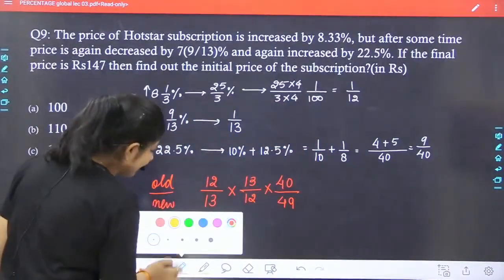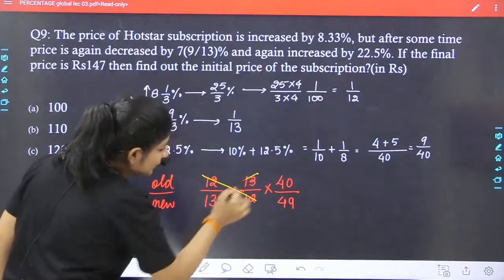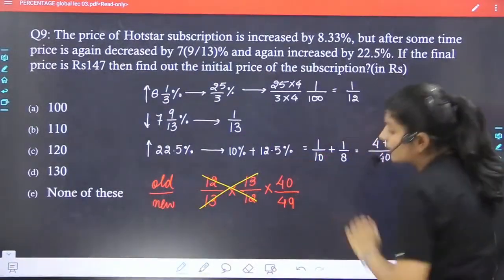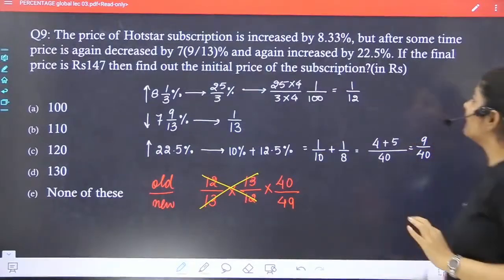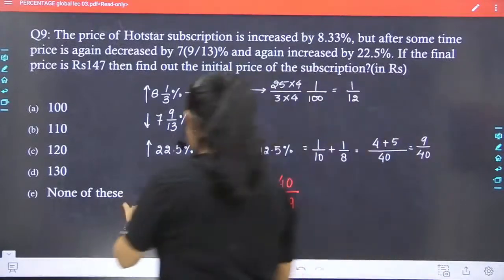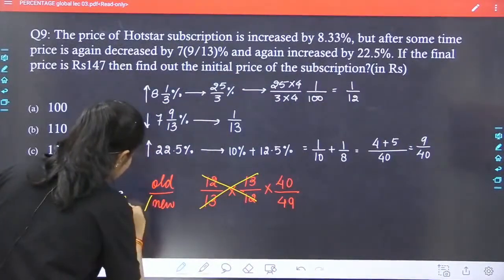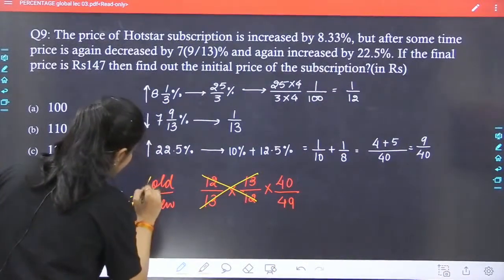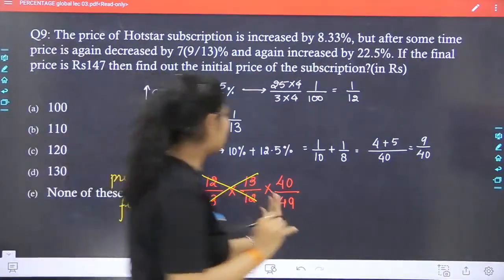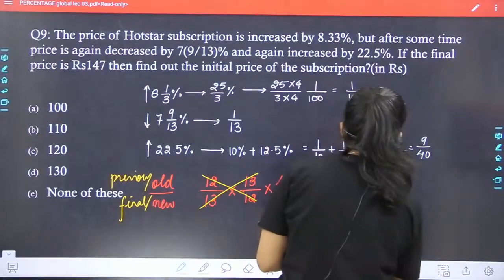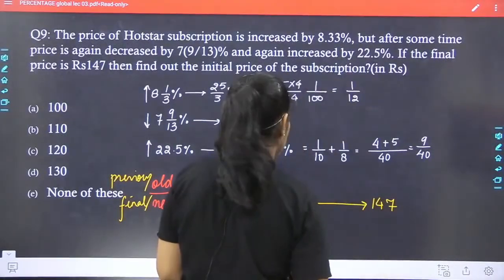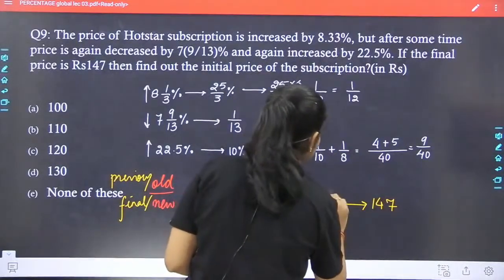So we can simply eliminate these values. Now we are left with just 40 and 49. So it is given that the final price, that means the new price, is equal to 147, that means it is a multiple of 3.